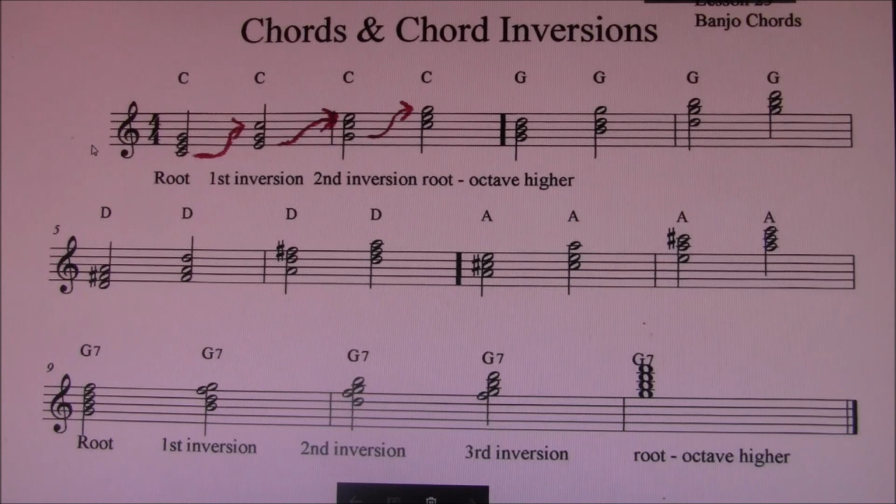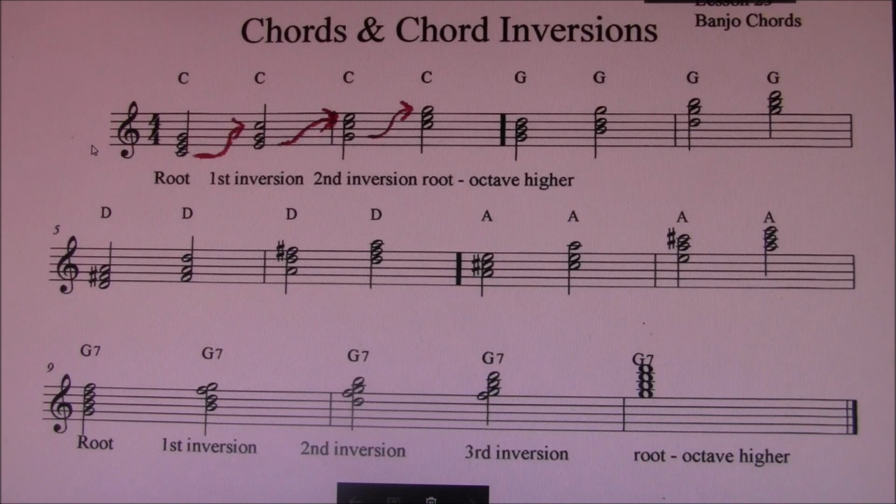So I've called lesson 23 banjo chords simply because I'm doing some songs with banjo as an accompaniment or as the lead line. But what we're really talking about is chords and chord inversions.